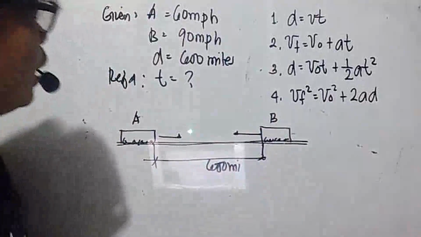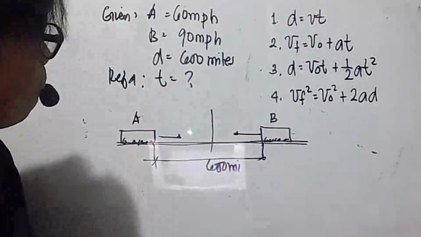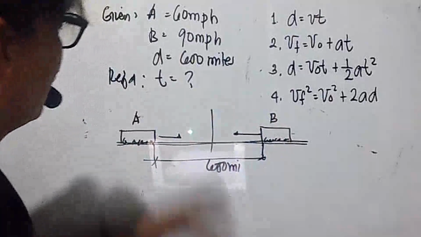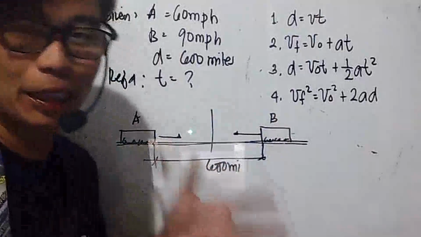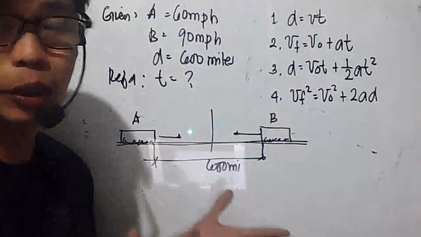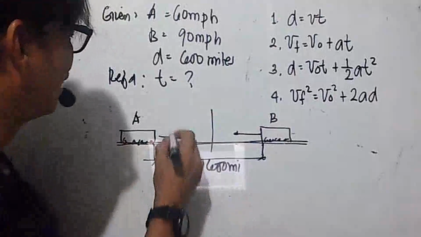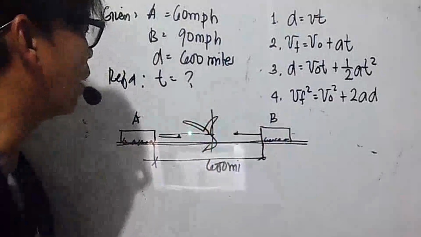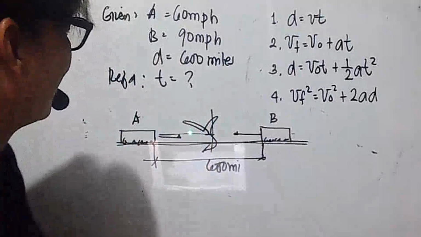Wait, I'll change the illustration. The question here, in my illustration, is like when will they collide or crash? Because when they hit, it explodes. So my illustration is tragic.